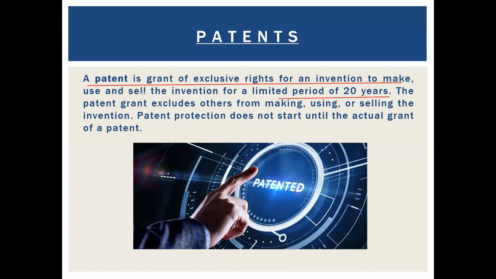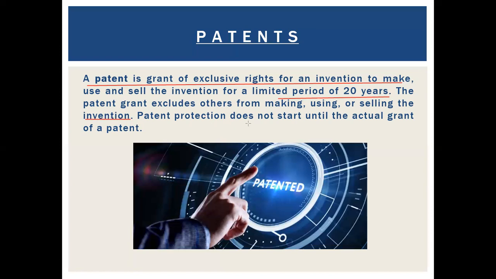The patent grants exclusive rights over making, using, and selling the invention, whether a procedure, strategy, or technology invention. You have a patent right, and you can sell this right to another company, but the maximum life of this patent is 20 years.